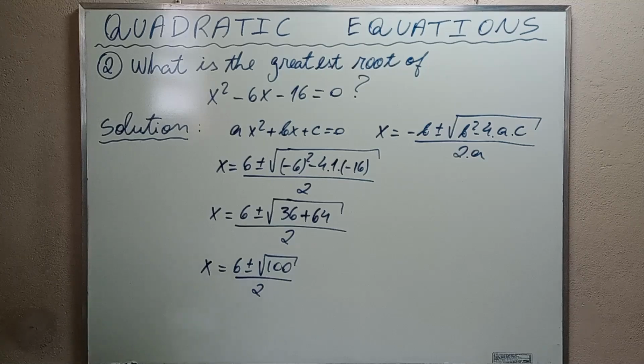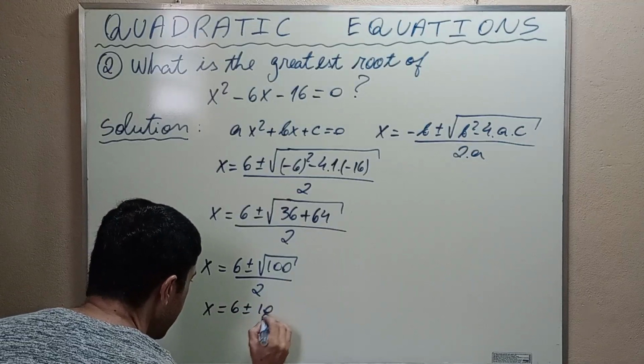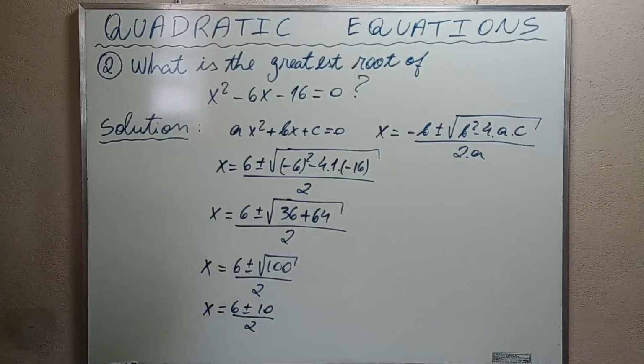And the square root of 100 is 10. Okay? x is equal to 6 plus minus 10 divided by 2.